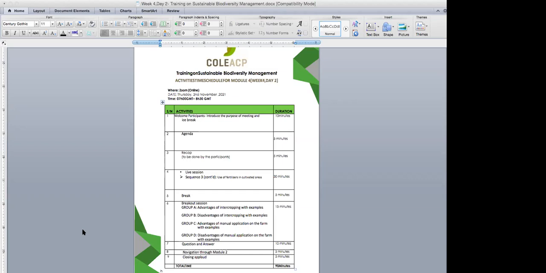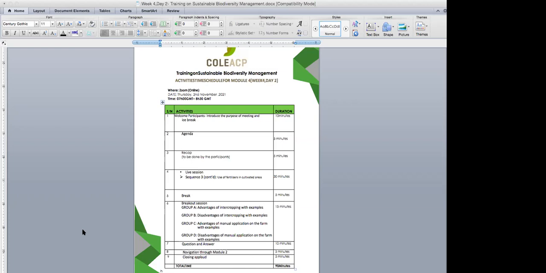The topics are advantages of intercropping with examples, disadvantages of intercropping with examples, advantages of manual application on the farm with examples, and disadvantages of manual application on the farm with examples.